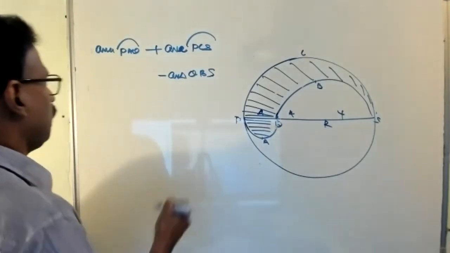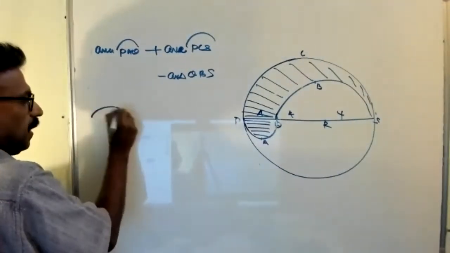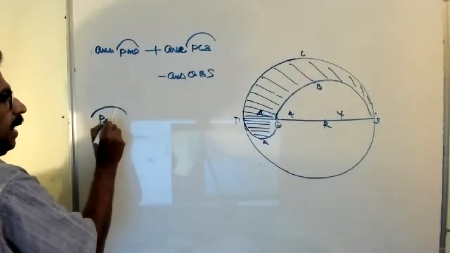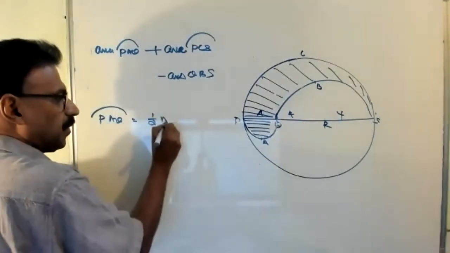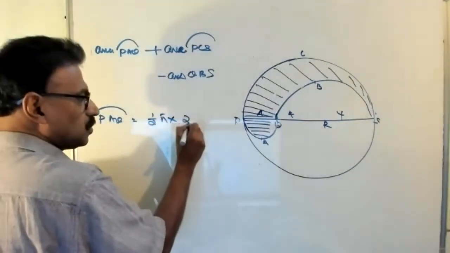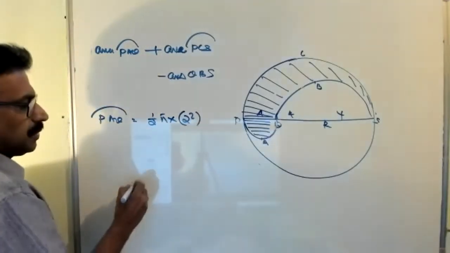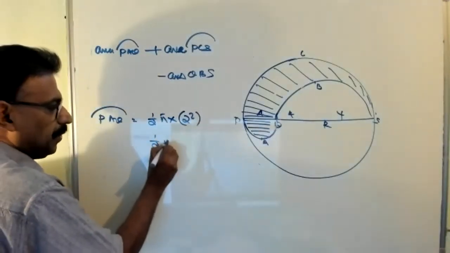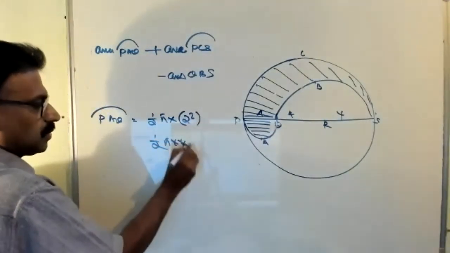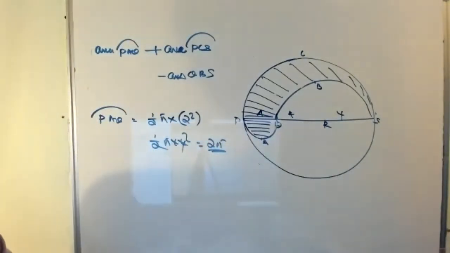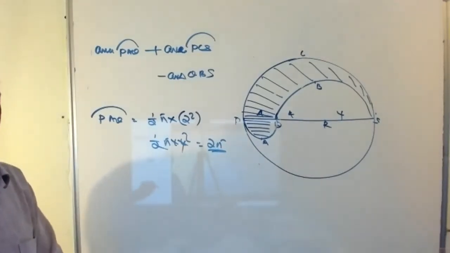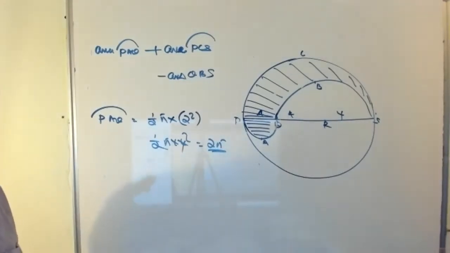Like the previous question, area under PAQ is half pi r square. R is 2 square. So that is half pi into 4, so that is 2 pi. Correct or no? Half into pi into 2 square, so 2 pi. Agree or no? Yes, Ramsha is correct. Both are same.